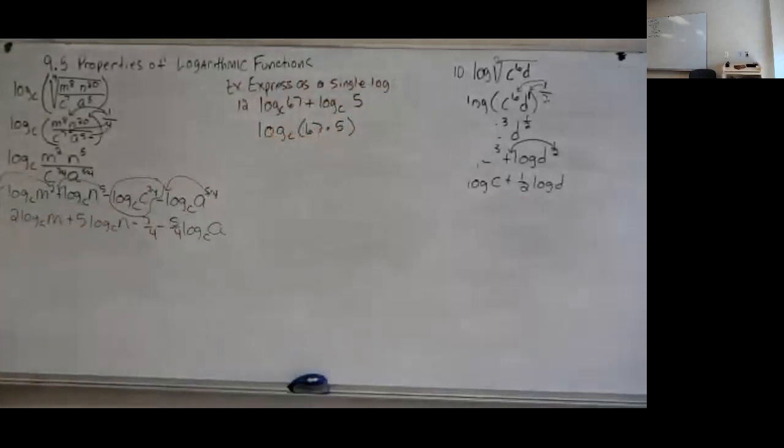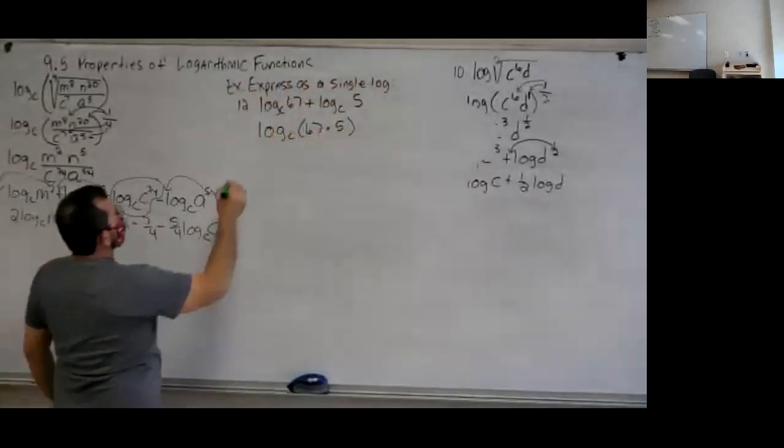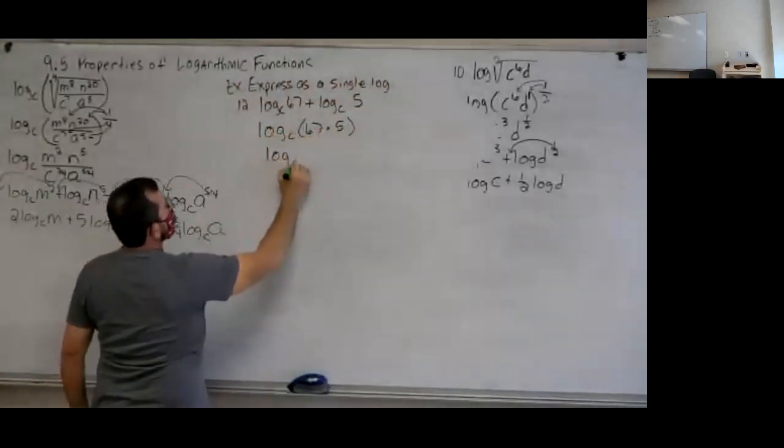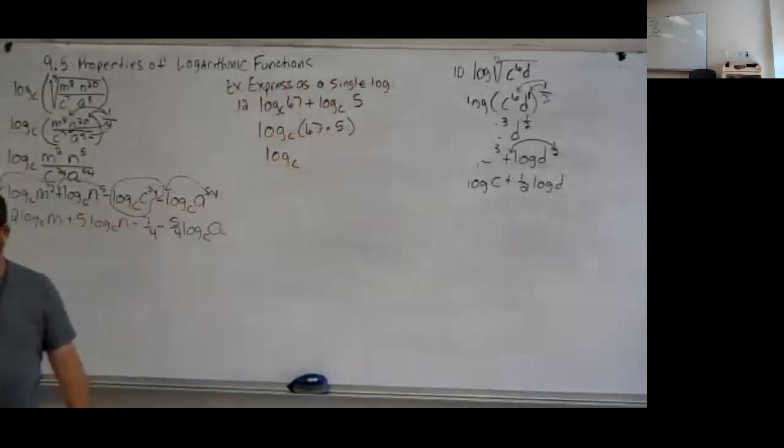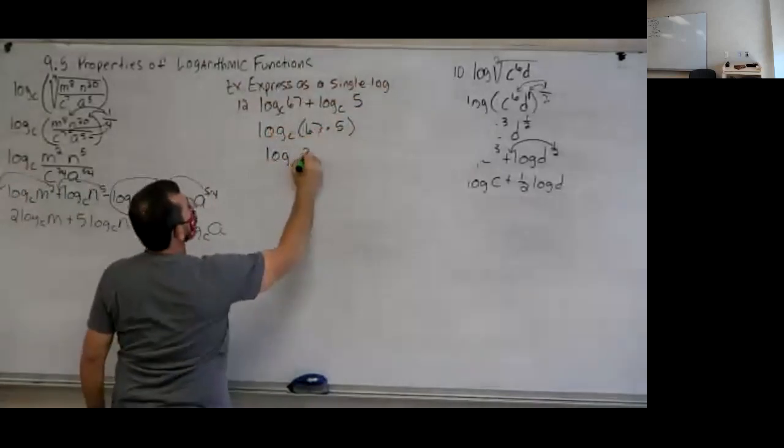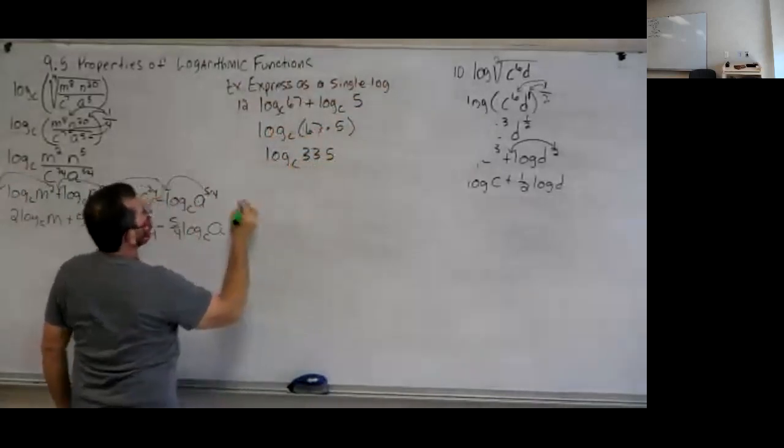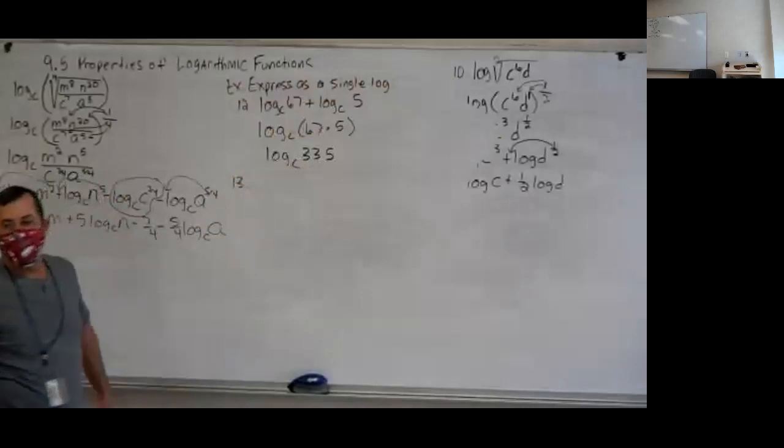And actually, in MATLAB, they want you to multiply that out and finish it up. So 67 times 5 is 335. So I get a log base C of 335.